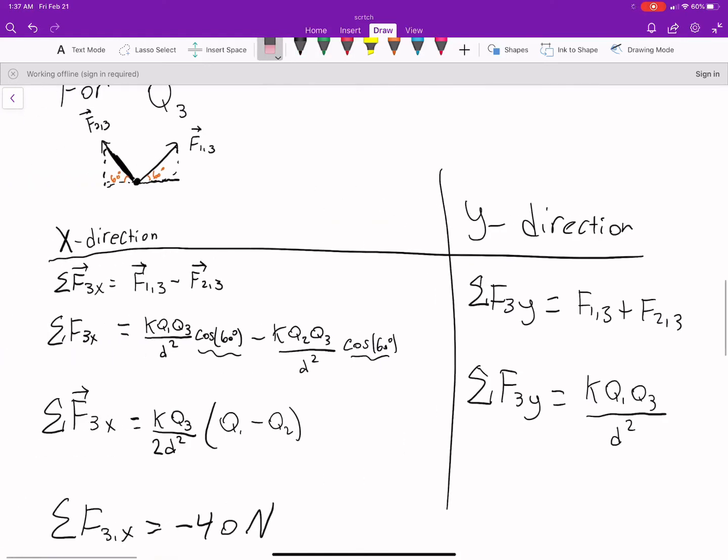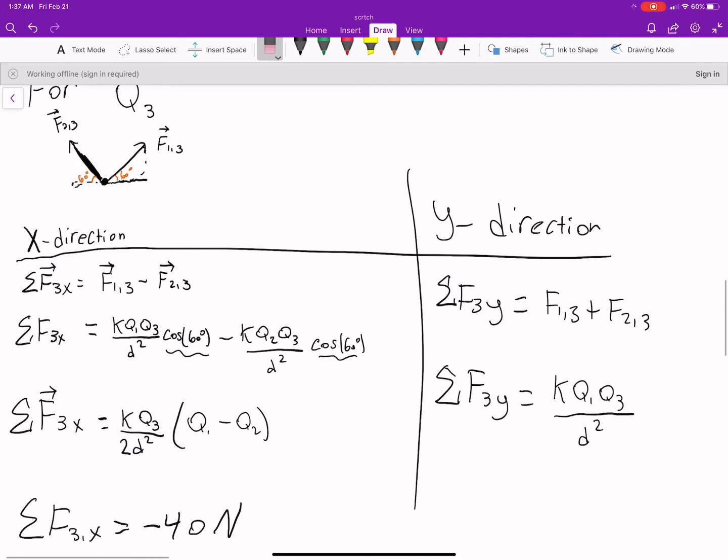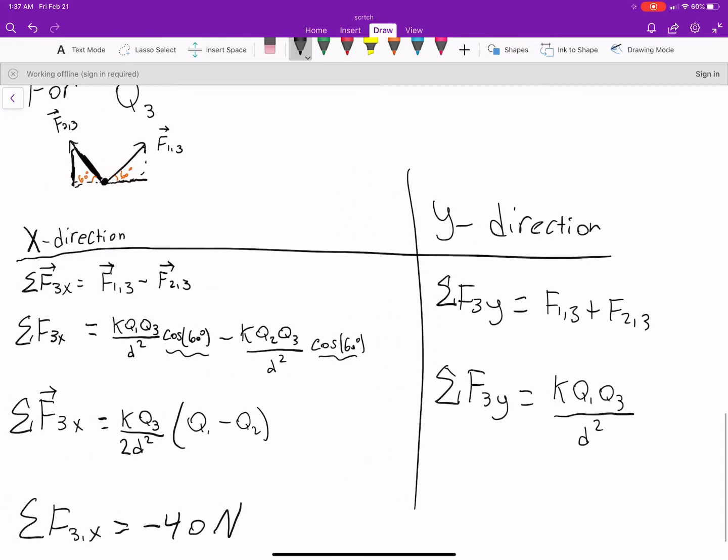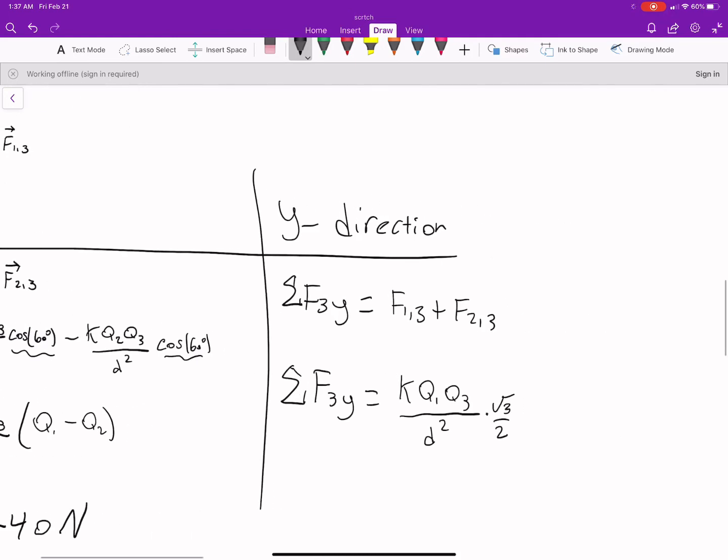And we'll do sine, because we want the y component, so opposite. Sine of 60 degrees is root 3 over 2. So I'll just put that right here, times root 3 over 2. I'll actually just put the 2 right here, because that'll all be factored out. Plus K, Q2, Q3, D squared. It also has the sine of 60.